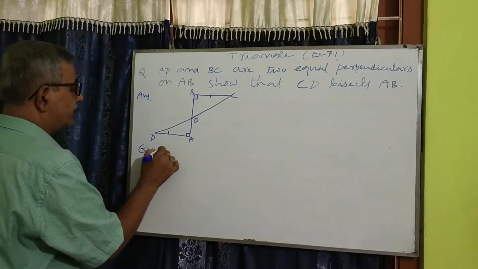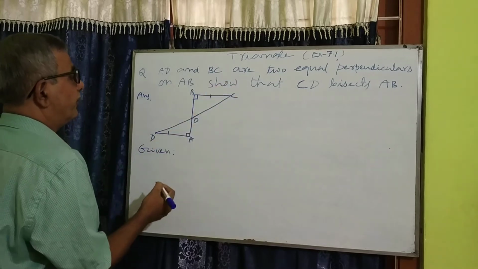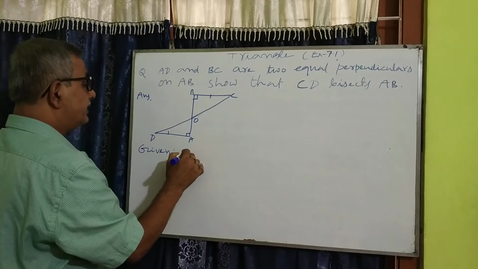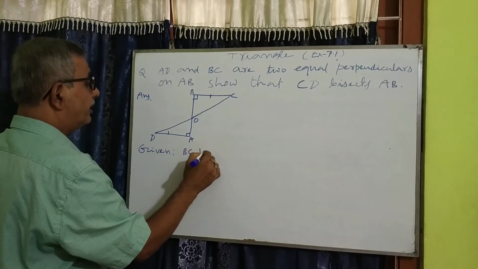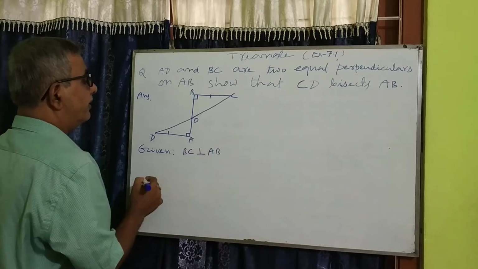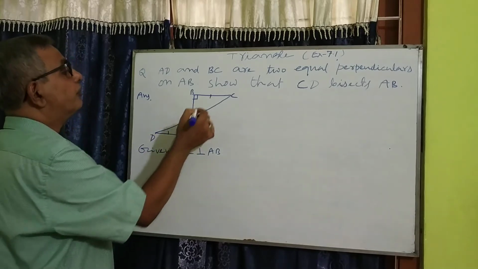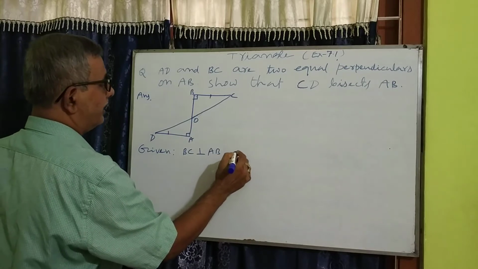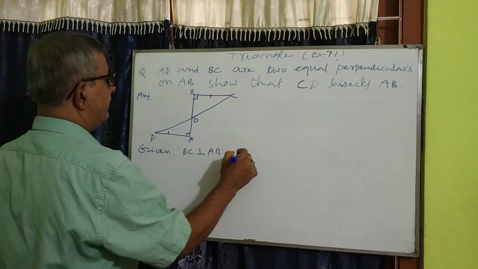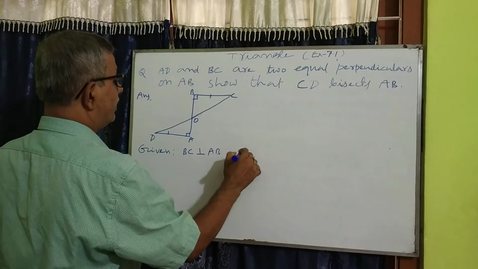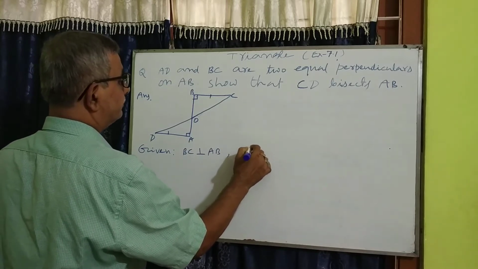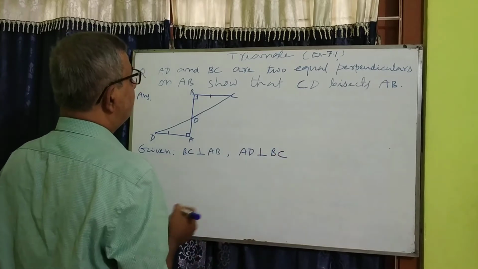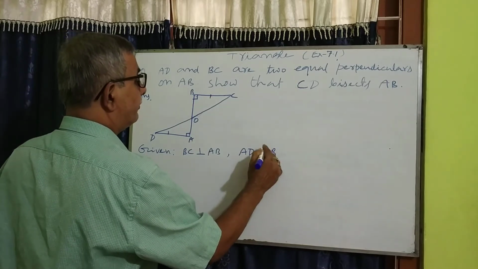Given. What are the things given? From the question itself you are getting. BC perpendicular to AB. And you know, if perpendicular, that means this angle will be 90 degrees. DA or AD perpendicular to AB.